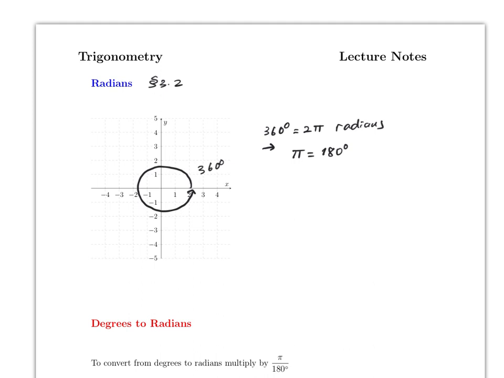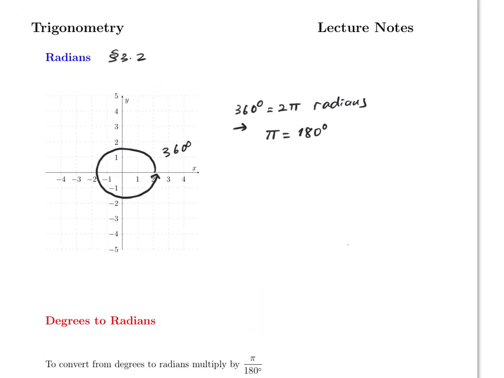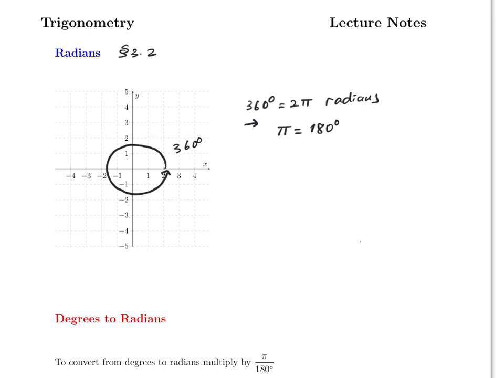So therefore the conversion factor, which we're going to see right here, it's no accident that this is equal to pi over 180. If pi is equal to 180 degrees, that means 1 is equal to pi over 180, or 180 degrees over pi is equal to 1.